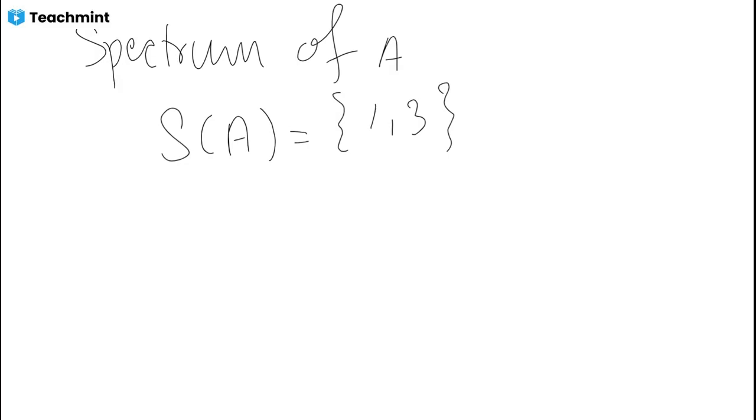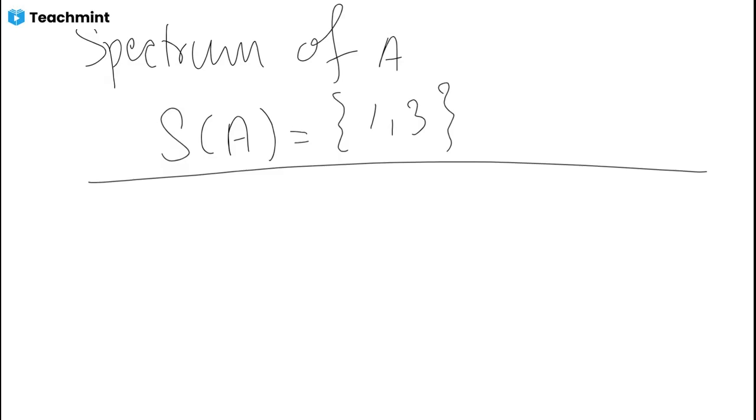When we find eigenvectors, we just multiply X to the characteristic equation. Let's do the example, shall we? Yes.